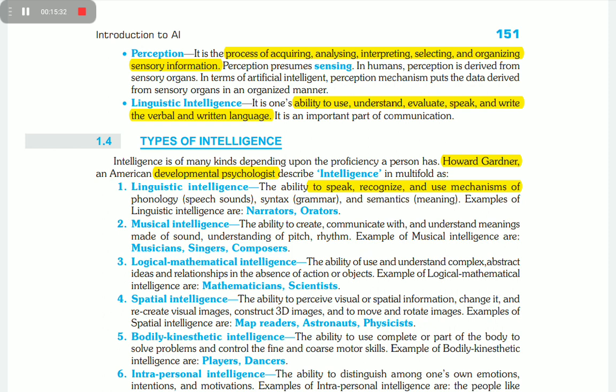Linguistic intelligence is the ability to understand verbal and written language, to understand English, to speak English, to write English. To write Hindi, Hindi can also be a verbal and written language. It is an important part of communication.